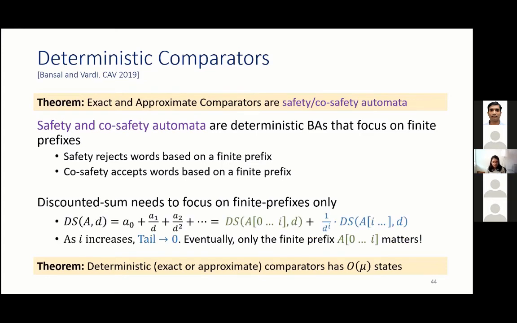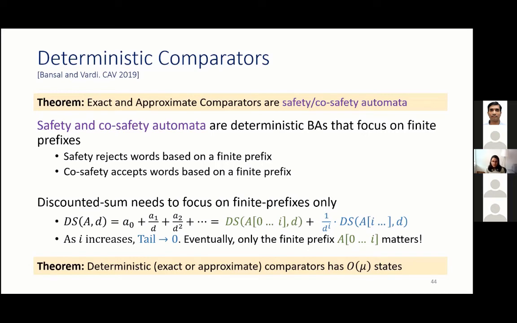The reason is that the discounted sum of a sequence can be rewritten as the discounted sum of a finite prefix of length i, plus 1 by d to the power i into the discounted sum of the suffix, here shown by the green and the blue parts. Now observe that as i becomes greater, the contribution of the blue part converges to 0. So what really matters is the value of the finite prefix. And that is also all that matters for safety and co-safety automata.